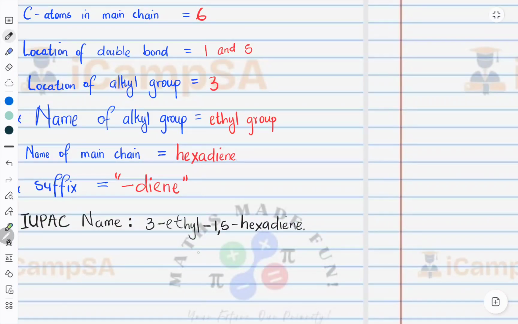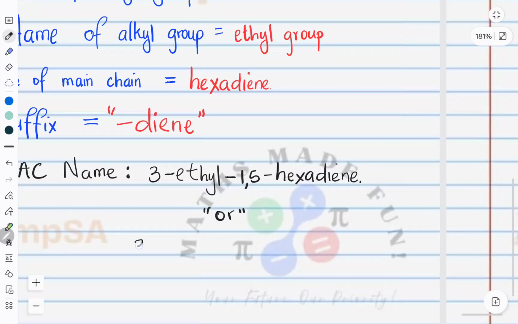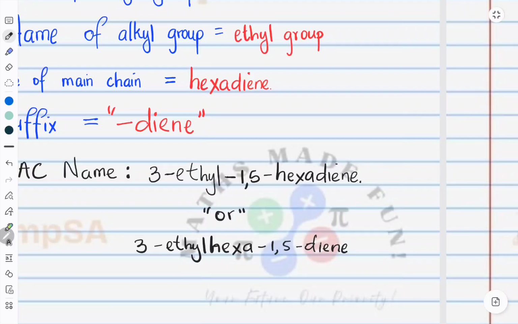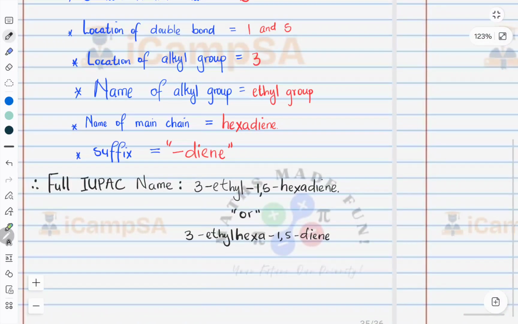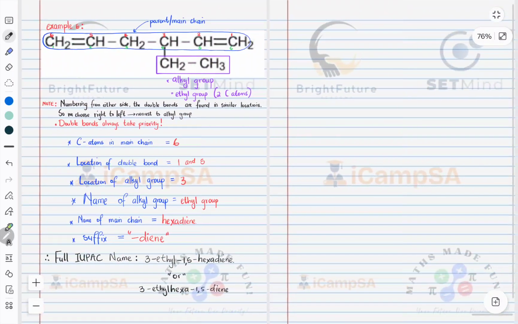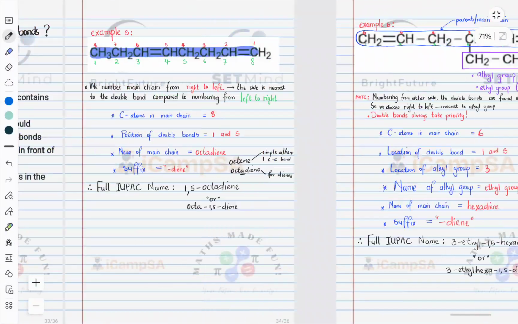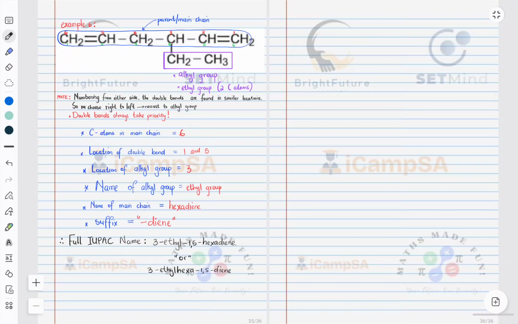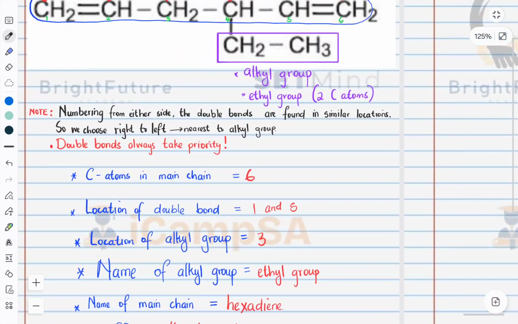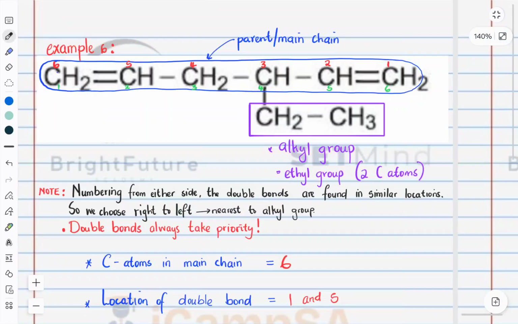Or remember, I will always do 2 of them for the guys that prefer the second one. Ethyl hexa 1,5 diene. Okay. All right, so this is pretty much how you would answer questions like this one, or how you would name a diene like this one.